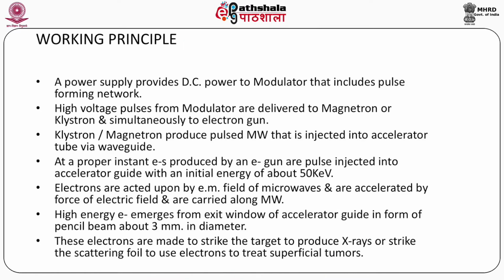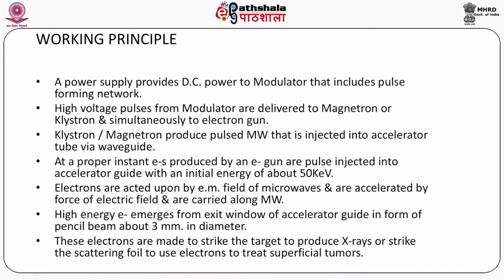Working principle of linear accelerator: a power supply provides direct current power to the modulator that includes a pulse forming network. High voltage pulses from the modulator are delivered to the magnetron or klystron and simultaneously to the electron gun.